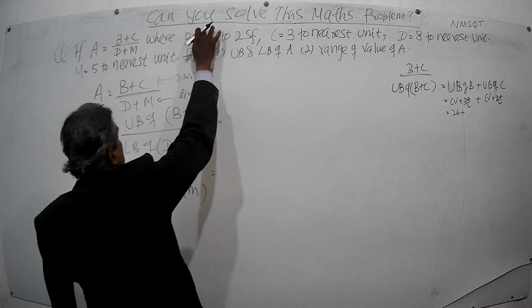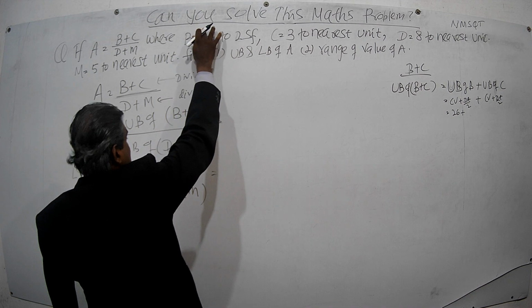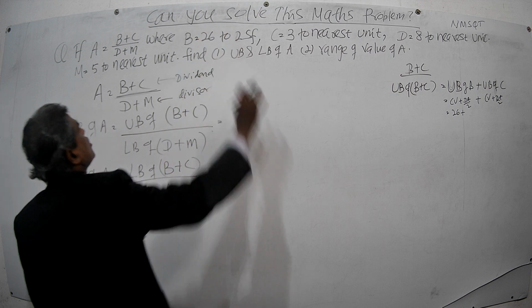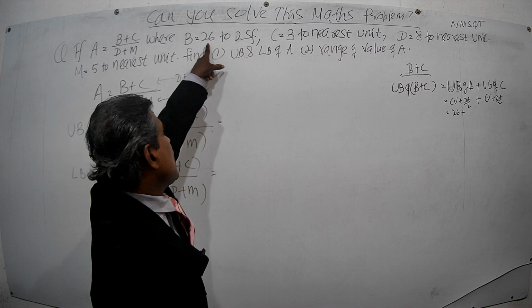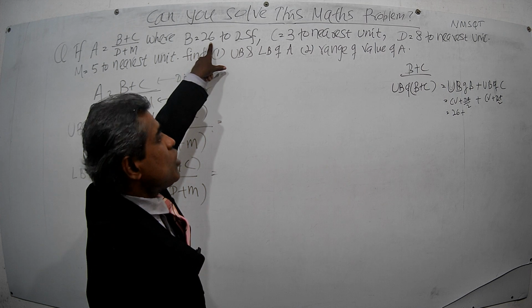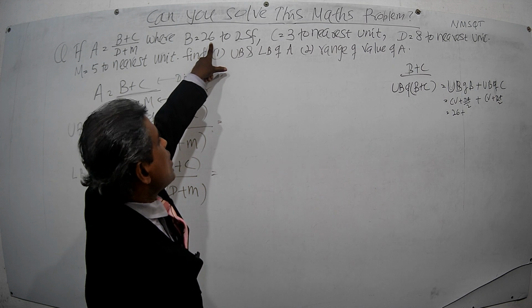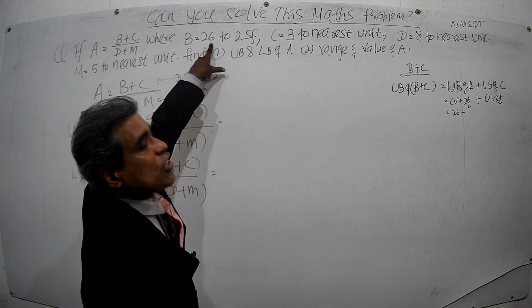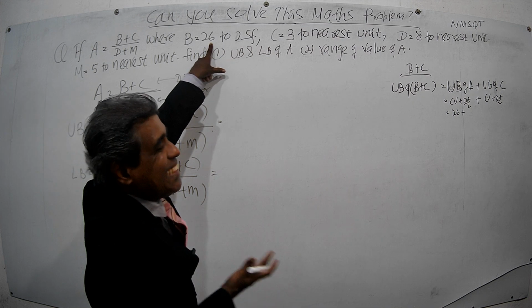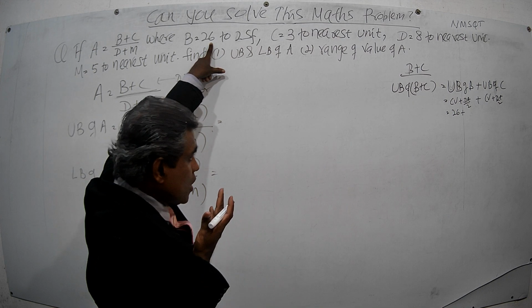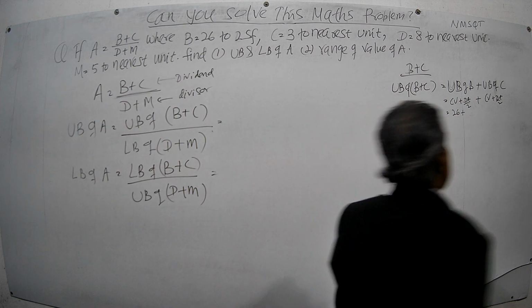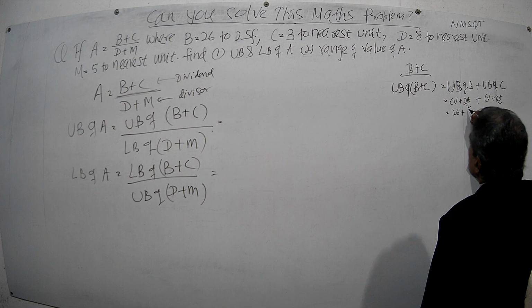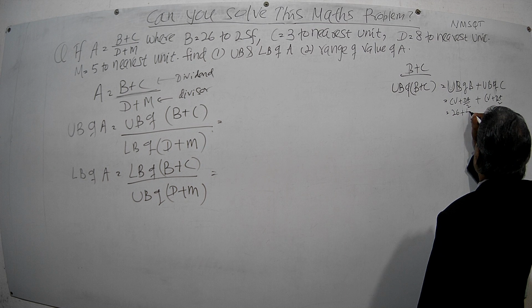This is the first significant figure, and this is the second significant figure, 6, which is in the unit place. That means this number has been corrected to the nearest unit. Nearest unit means 1, so the degree of accuracy to be used in the upper bound formula is 1 over 2.